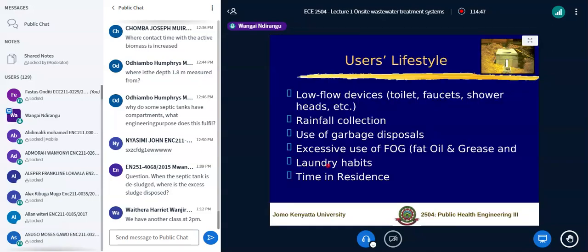of the user. There are people who have a habit of showering 4 times in a day. Some shower once in 2 days. Some have a toilet that can flush with 2 liters, others use 4 liters to flush. Some people wash and keep the water. Some people dispose garbage, and those that don't.